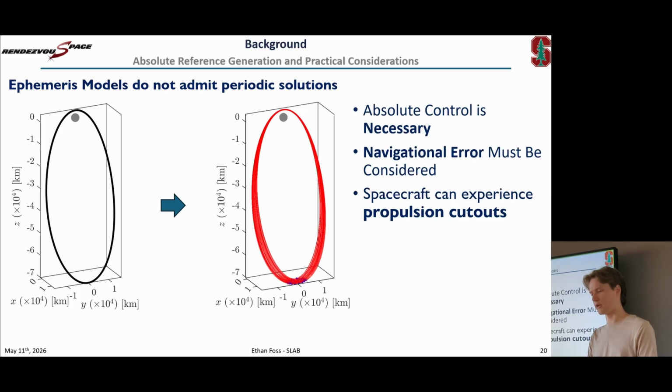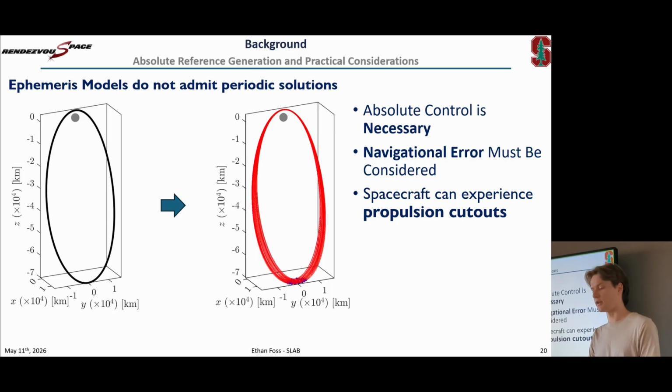The other challenges arise from the fact that, one, we need to do absolute control with respect to this orbit. As I mentioned earlier, a lot of these regimes are completely unstable as opposed to only parabolically unstable. And basically what this means is that you will exponentially diverge from these trajectories over time. So it's not as simple as just performing relative motion control; we also have to perform absolute motion control.